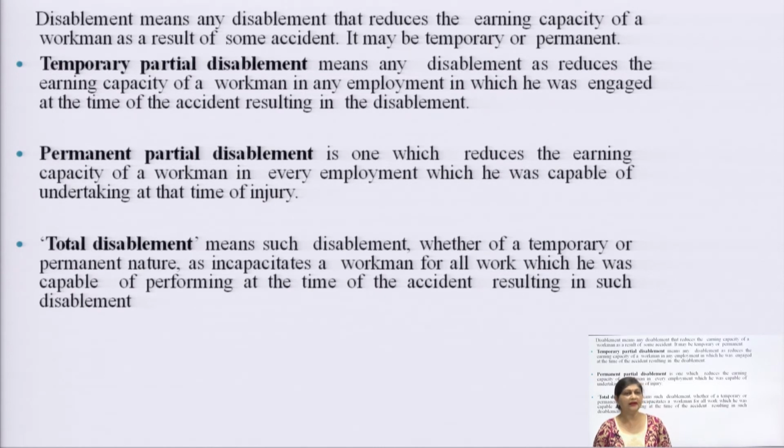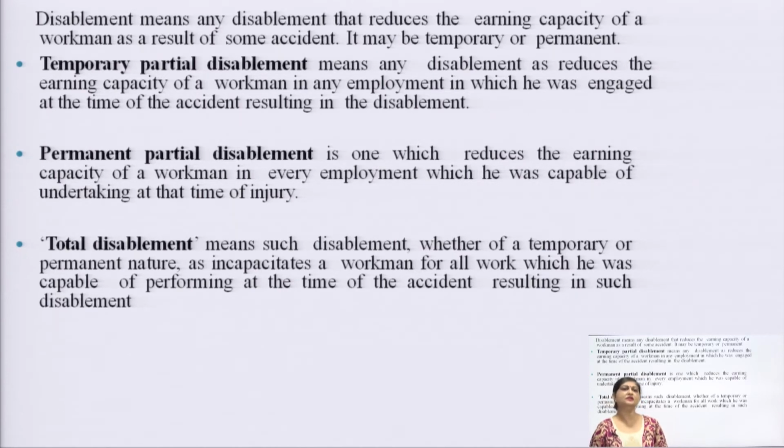Next is permanent partial disablement. Permanent partial disablement is one which reduces the earning capacity of a workman in every employment which he was capable of undertaking at the time of injury.